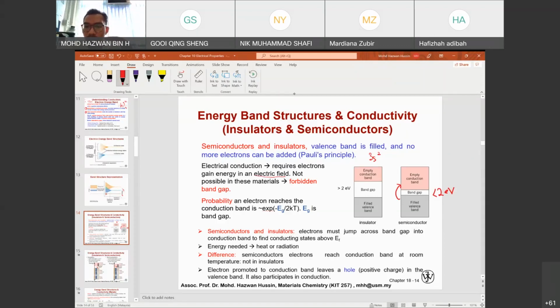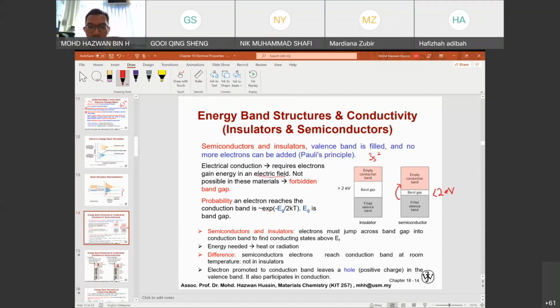Meanwhile, for insulators, the band gap is normally wider, and the Fermi energy is greater than 2 eV. So this is why it is almost impossible for an insulator to have conductivity, because the energy level is always higher.